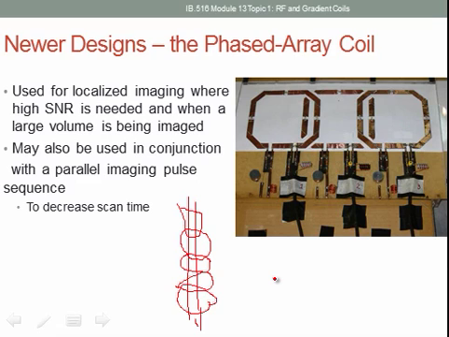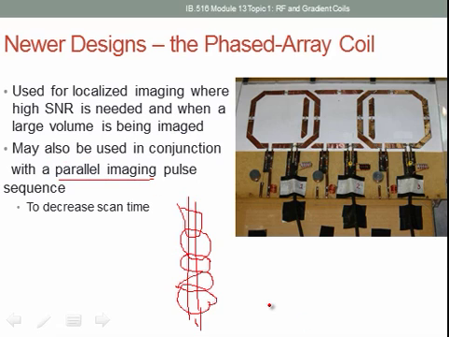So now if you picture the birdcage coil going over the brain, or picture a soccer ball, for example, with the different little octagons, people have made coils like that. In this phased array coil, we have multiple coils that surround the brain, and this not only helps with SNR, but it can be used in addition for parallel imaging.